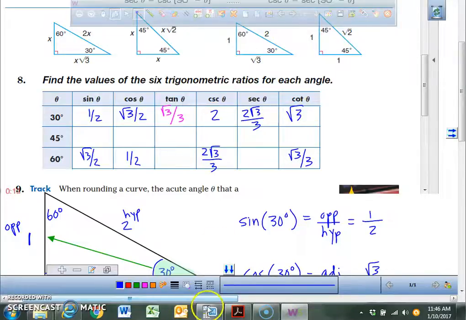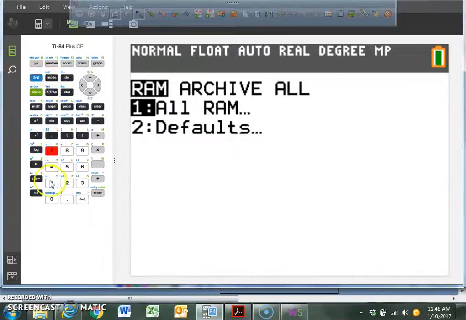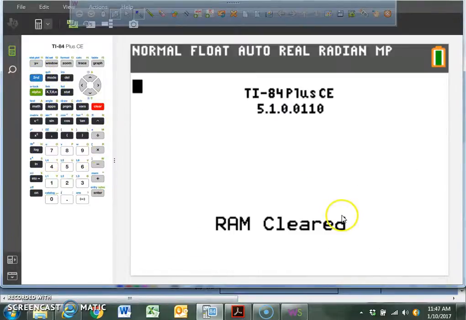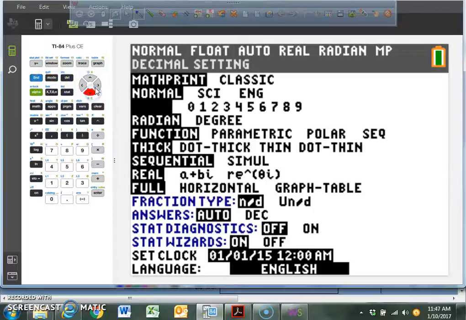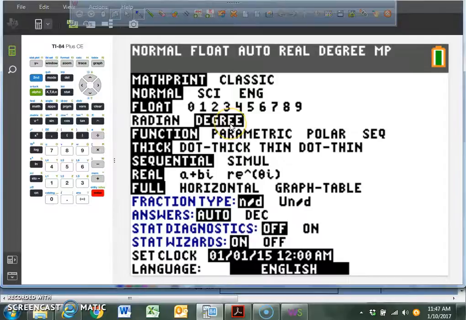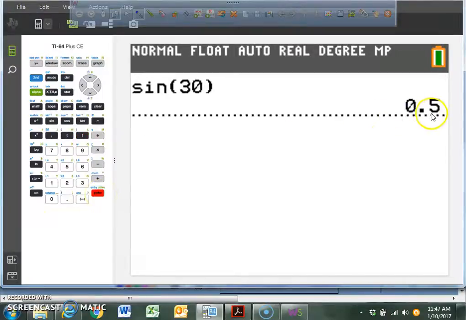Now, in the calculator, check this out. This is from Algebra 2: hit second, plus, 7, 12, and clear everything out. In order for this to work in our calculator, hit the mode button and make sure you're in degree mode. I'm going to prove this concept using the calculator. The sine of 30 degrees, we said, was equal to a half, 0.5.